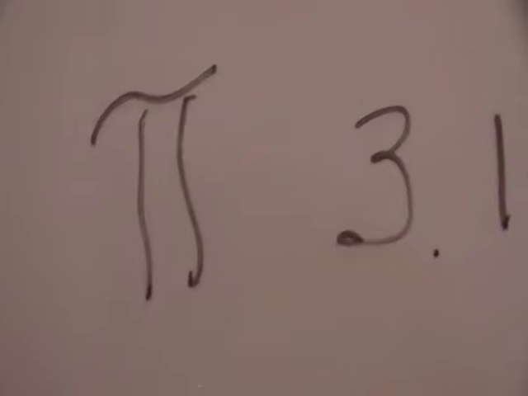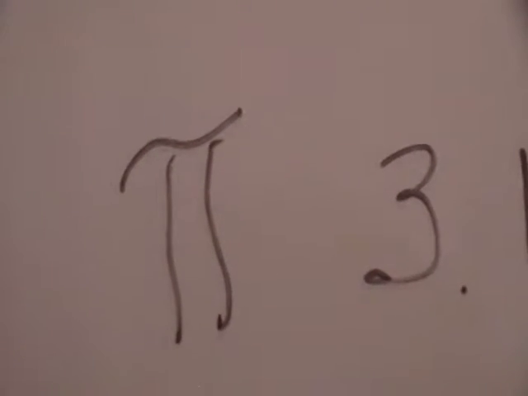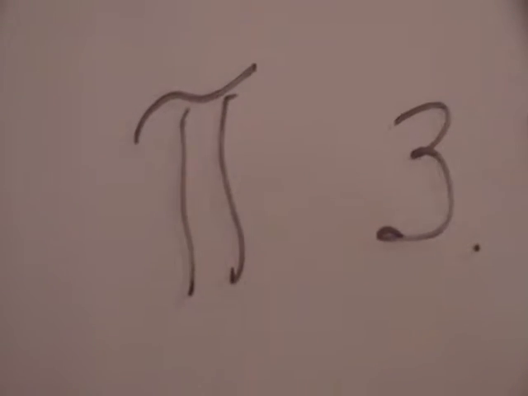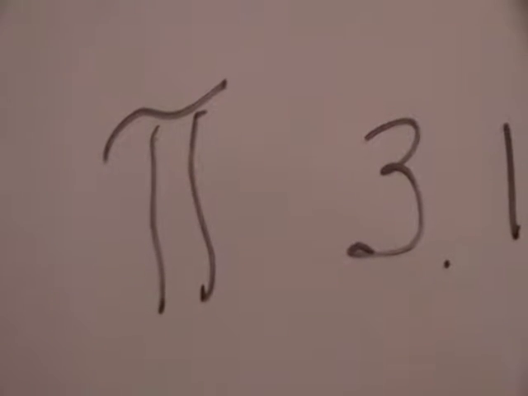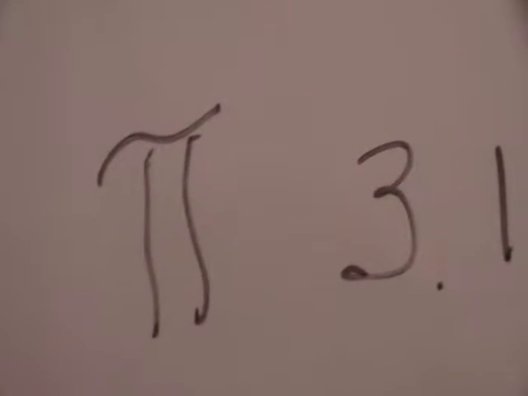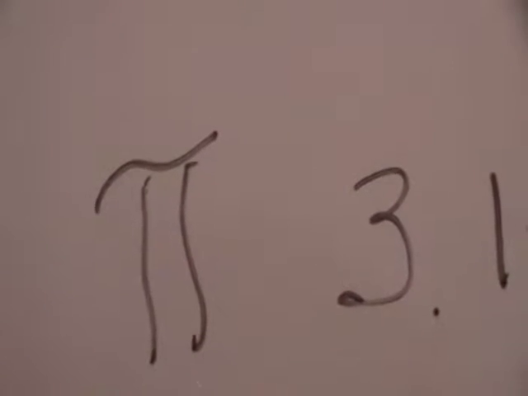So that's not a great example. To find the circumference of a circle, the formula is C equals 2 times pi times r. So C equals 2 times pi times r.